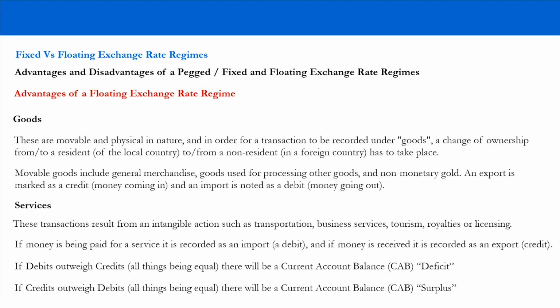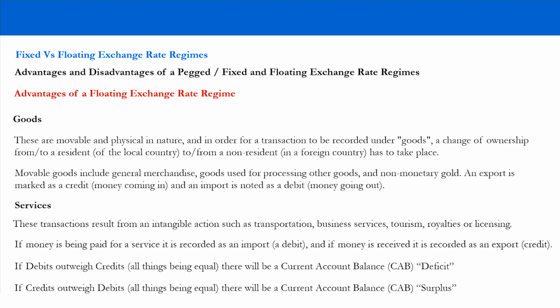If money's being paid for a service, so if it's being imported from outside, it's recorded as an import, so a debit, in the same way as a good that's being imported is noted as a debit. And if money is received, it is recorded as an export in exactly the same way as goods are.